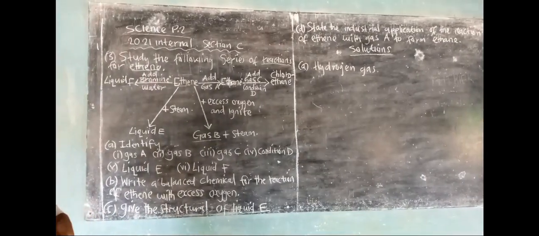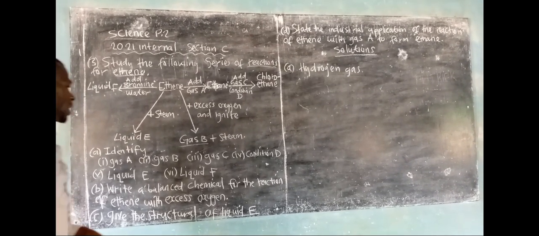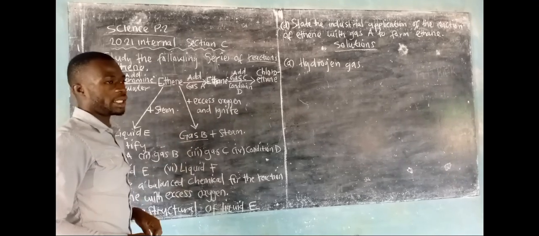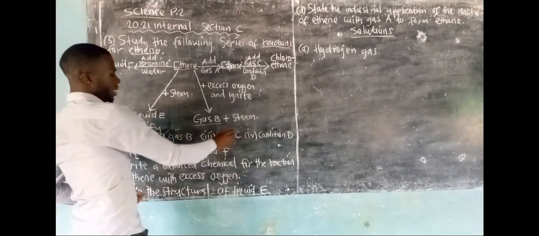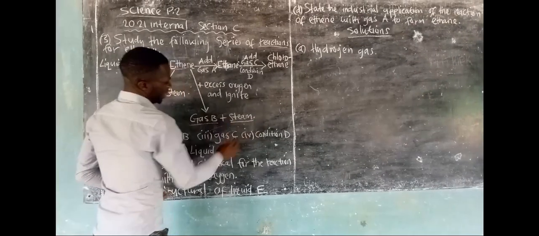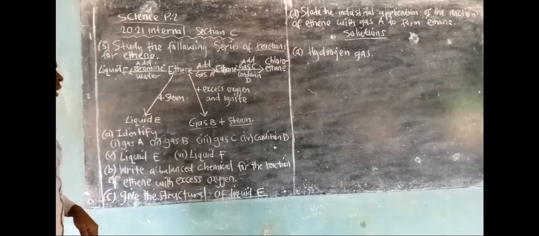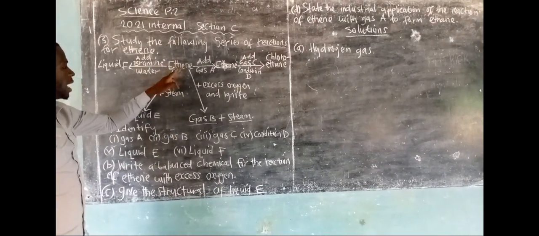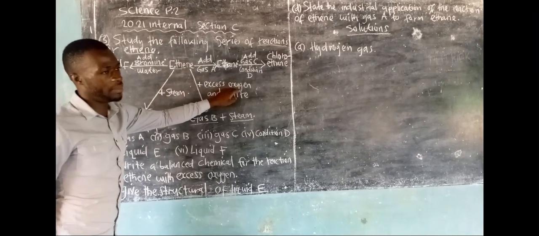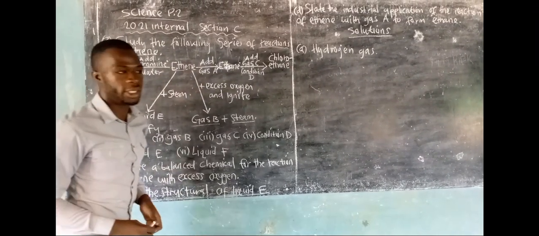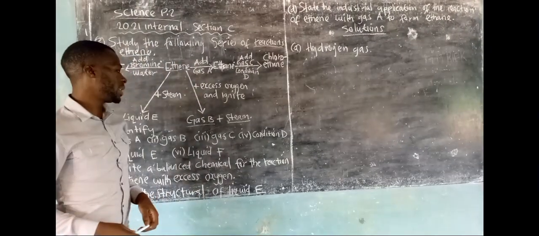Okay. So what does combustion produce under organic chemistry? Combustion under organic chemistry produces carbon dioxide plus water. In this case, water has been referred to as steam. So steam is the gaseous water there. Now here they have said ethene plus excess oxygen, meaning it is complete combustion. So complete combustion produces carbon dioxide plus water.